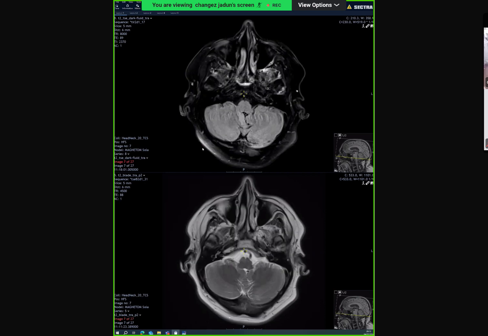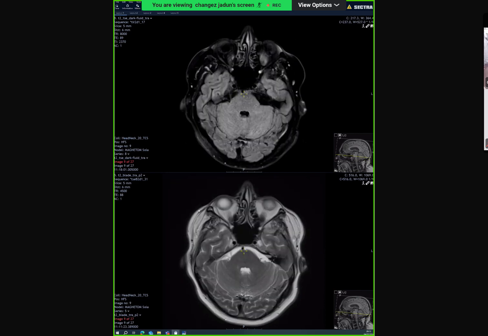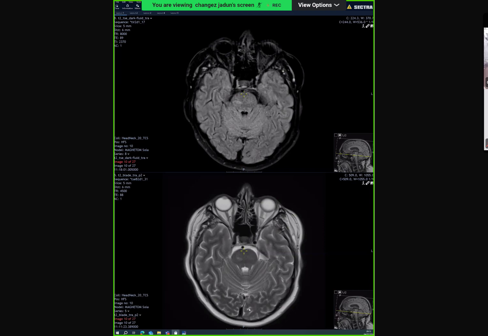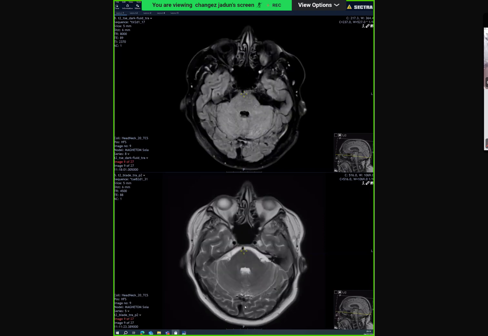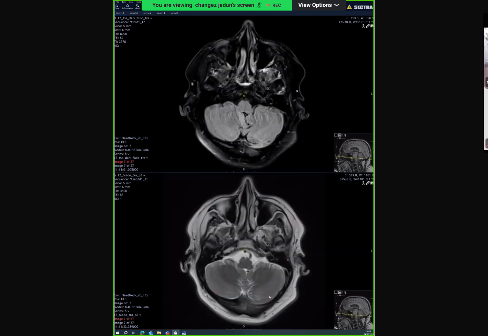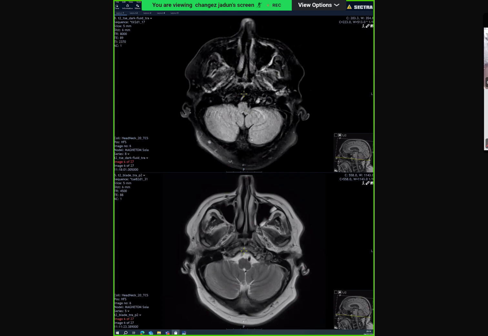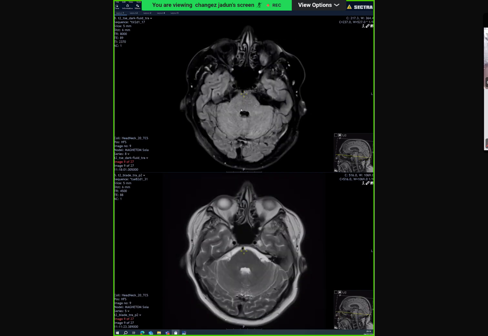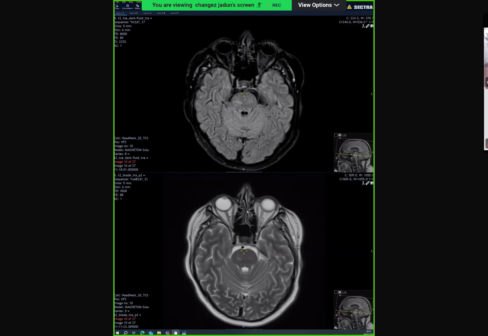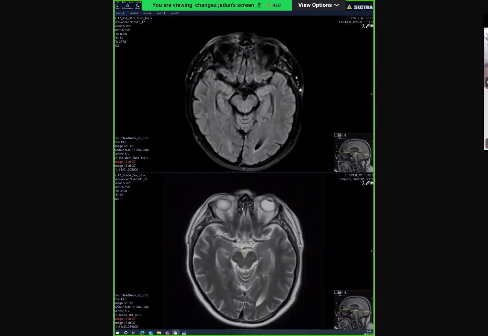So for the audience, she thinks there is something in the venous sinus. She's not sure, but she is comfortable enough that there is nothing in the venous sinus. Then she is worried a bit about the pontine, but she is not very concerned.